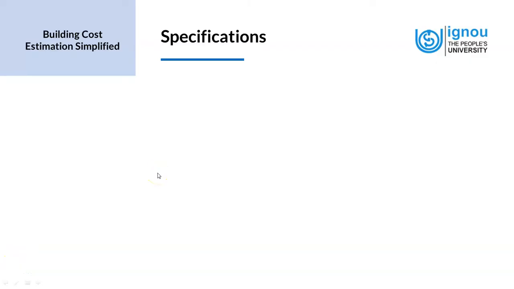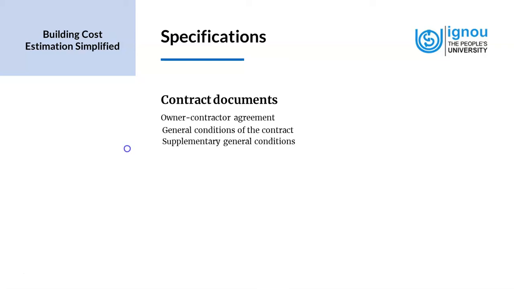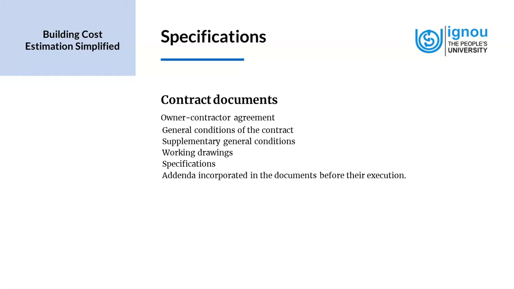In order to understand specifications, it is important for us to understand their role in the context of contract documents. So what are the contract documents? Contract documents consist of the owner contract agreement, the general conditions of the contract, supplementary general conditions, the working drawings, specifications, and addenda incorporated in the documents before their execution.